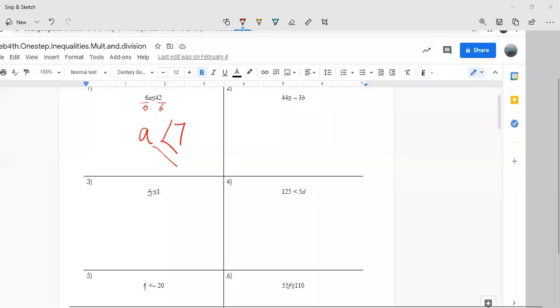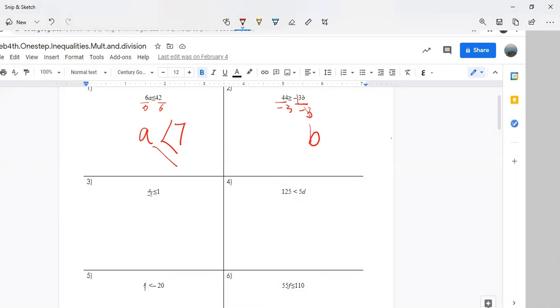Okay, next one is negative 3b less than or equal to 44. Let's get rid of the negative 3, so we divide both sides by negative 3. Here it cancels, and you're left with b.